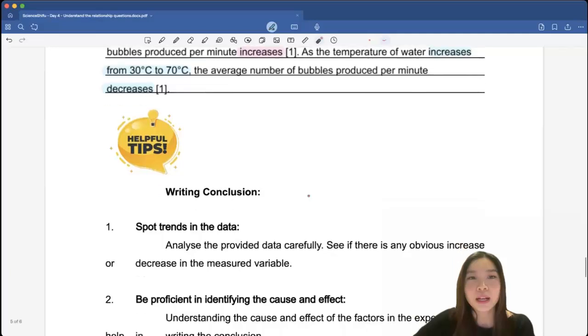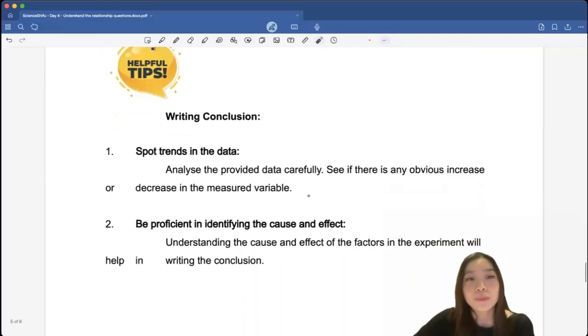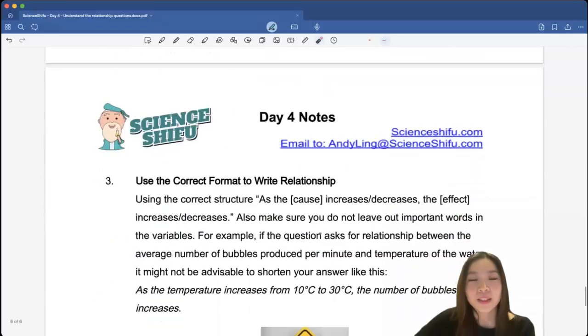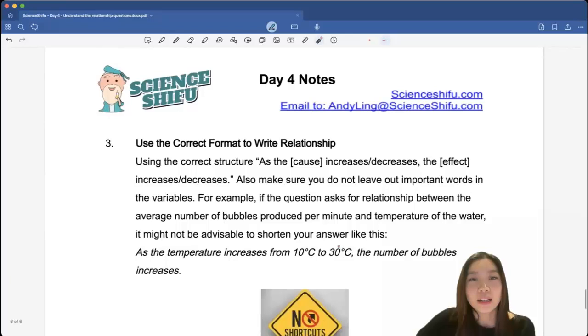For relationships, firstly, we have to spot the trend, whether it is an increase or a decrease, as well as, most importantly, identify the cause and effect accurately. In Great Solution, we are very focused on answering techniques.